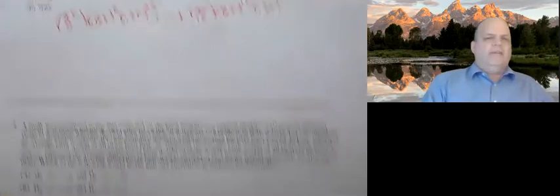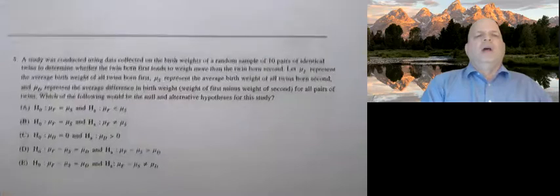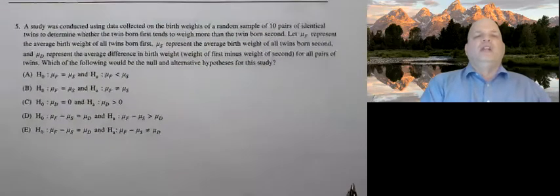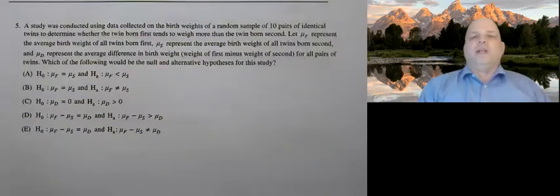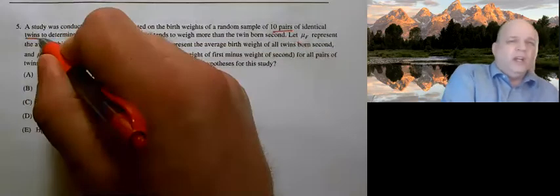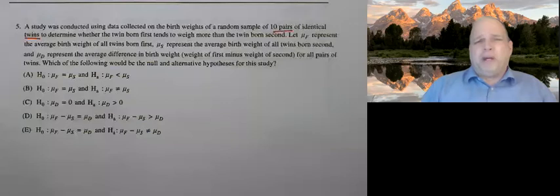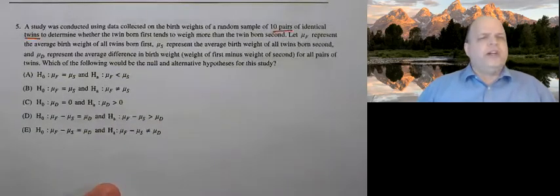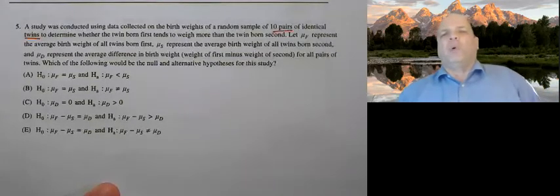Moving on to number 5. A study was conducted using the data collected on birth weights of a random sample of 10 pairs of identical twins. So we see the word pairs and we think twins. It's like, this is probably a paired test, all right? But not necessarily. We need to keep reading. To determine whether the twin born first tends to weigh more than the twin born second.